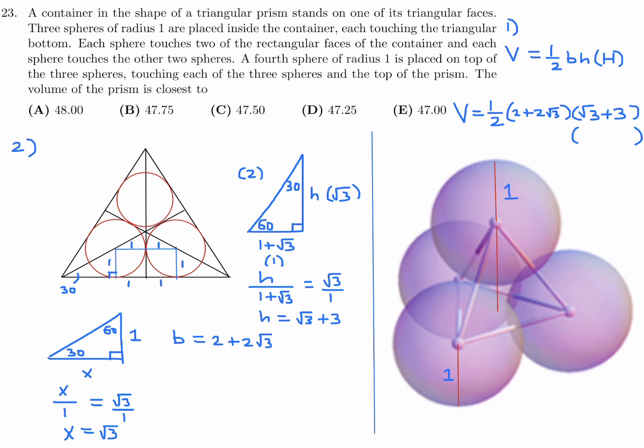I need to label it first, so I'll just call it small h. I don't want to make any unnecessary terminology. And then remember, at the end, the big H is got to be the whole top to bottom. So don't think that it's h. It's going to be h plus 2: h plus this one plus this one.